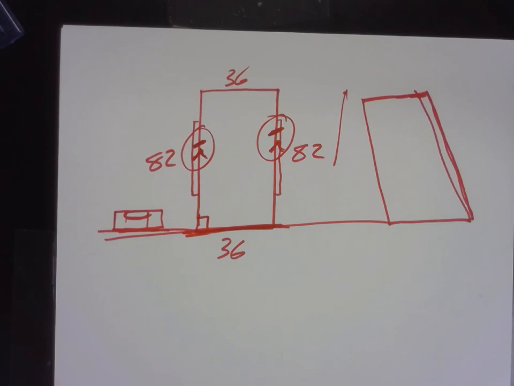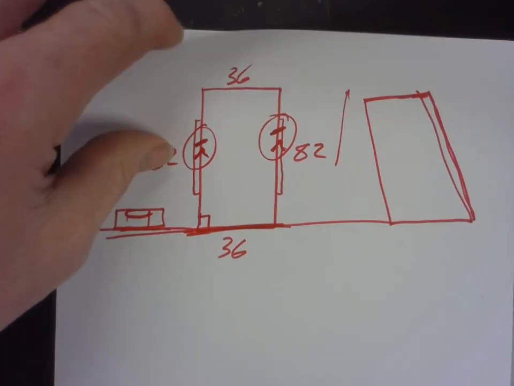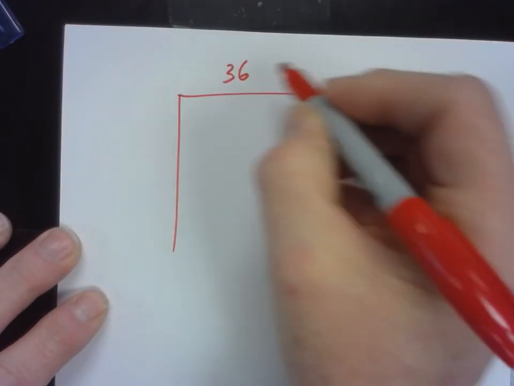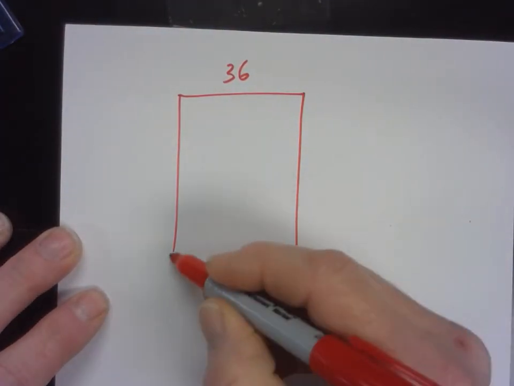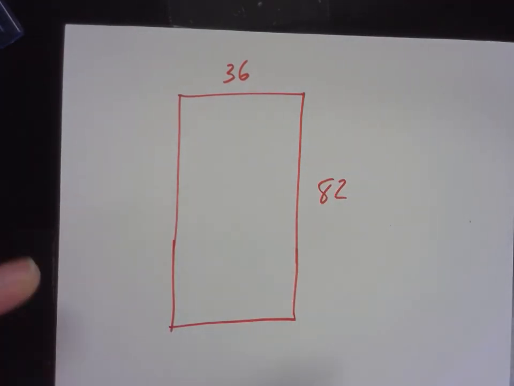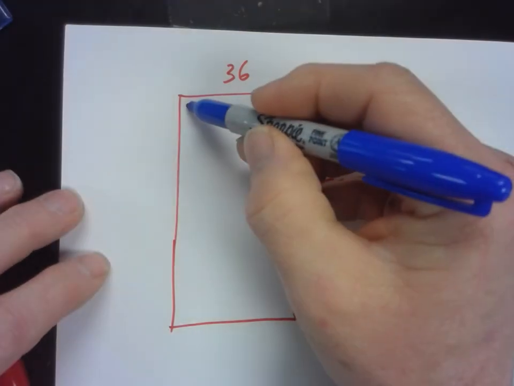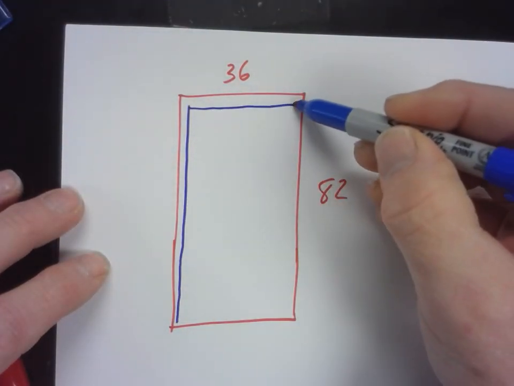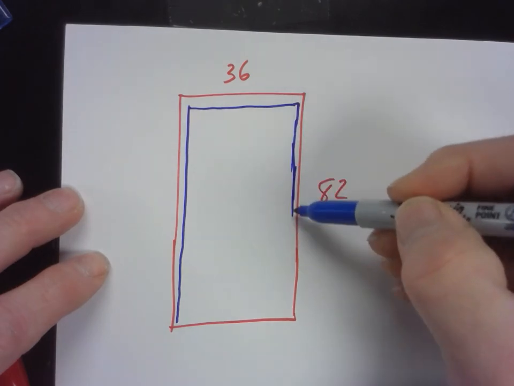And you actually don't have to be crazy close, because like I said, when you build this, you make this 36-inch opening by 82, and then you put a door in it that's 34 by 81.